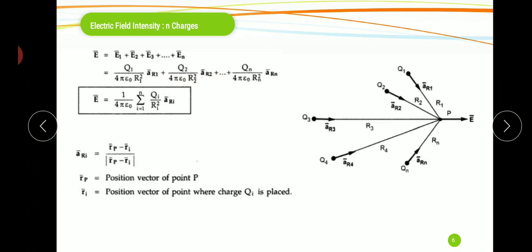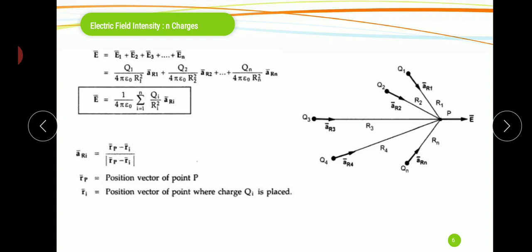There are a number of charges, and whatever method we follow in the cases of q1 and q2, the same method we apply for q3, q4 and qn. Here this is the nth charge, the distance from the point to the nth charge is rn, and the unit vector along this direction is a bar rn.